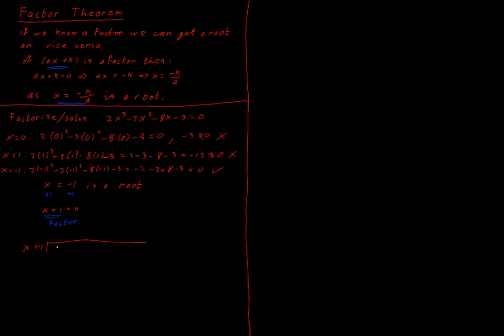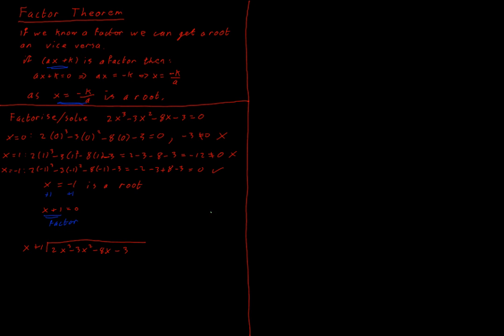So we're going to write down 2x cubed minus 3x squared minus 8x minus 3. If I divide this in, I know I'm going to get 0 down here because this is a factor. What is left up here is going to be the other factor.